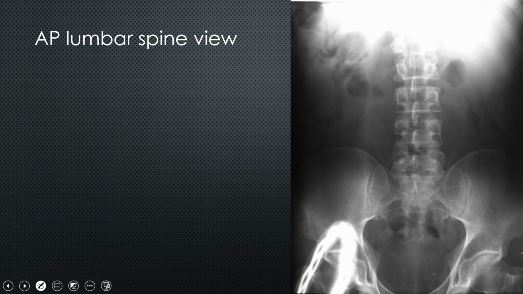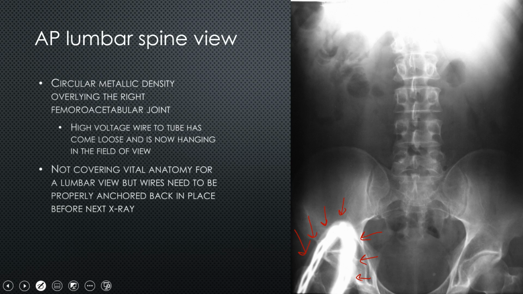Alrighty, another example, we have an A to P lumbar spine view. We can see that there's this odd bright or metallic looking wire that is overlying the viewing left portion of this image, the circular metallic density overlying the right femoroacetabular joint.